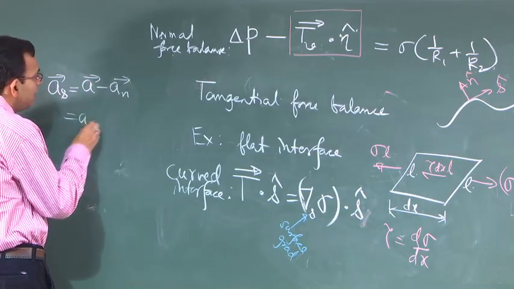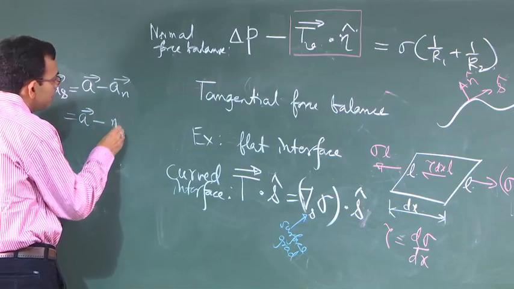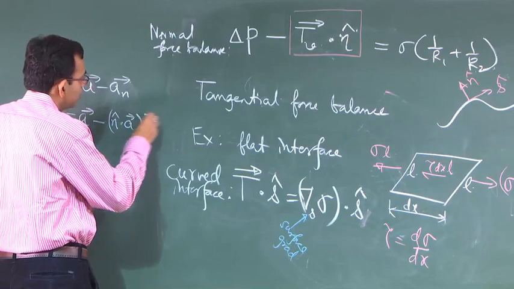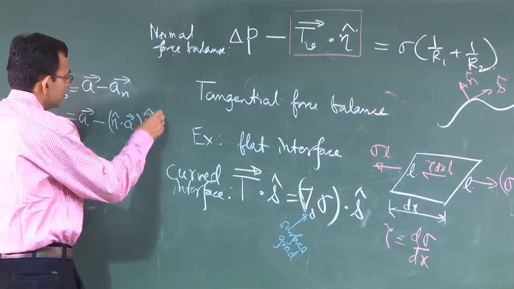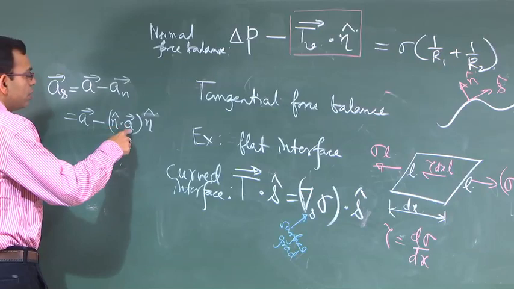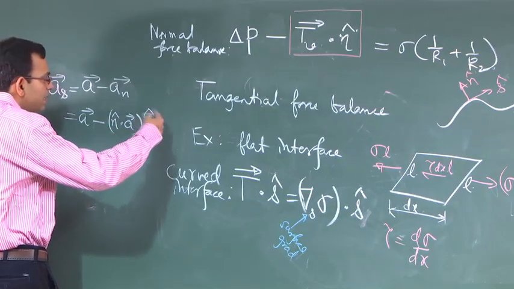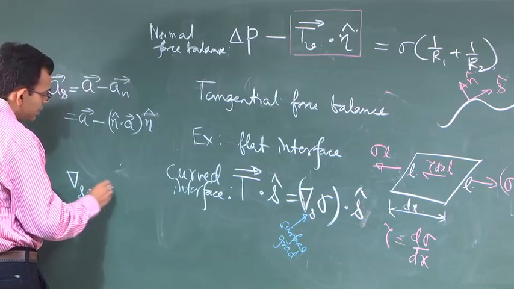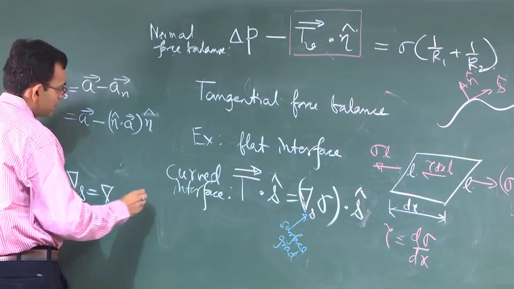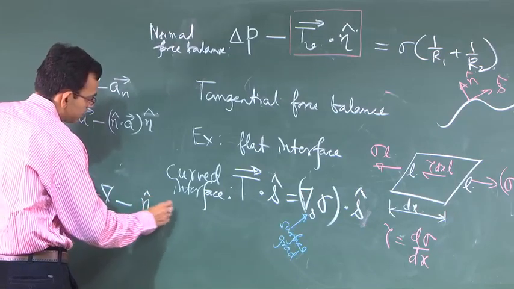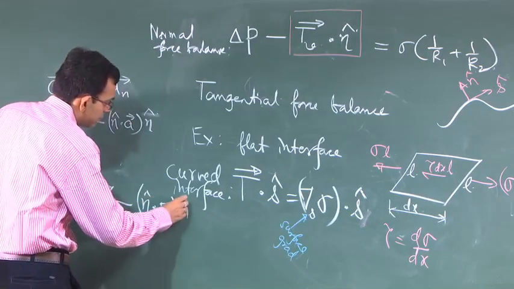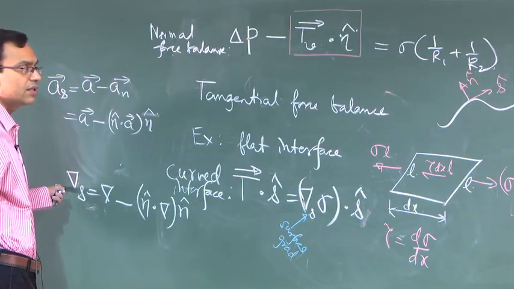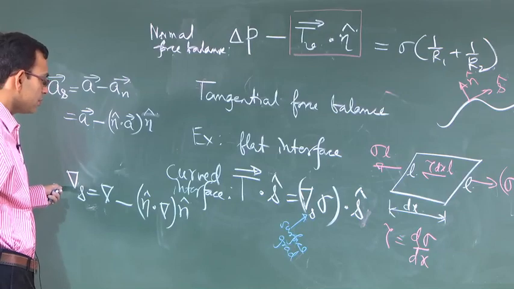So, this is a minus n dot a n, right. This is the normal component and this multiplied with n is the vector representation. So, similarly you have grad s is equal to grad minus n n dot grad, which is the expression for grad s in terms of grad.